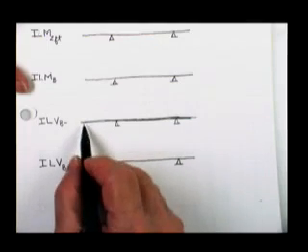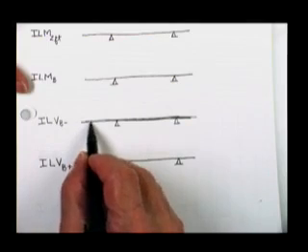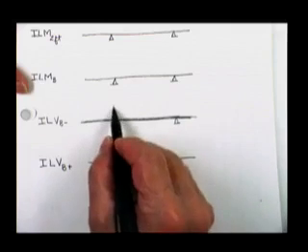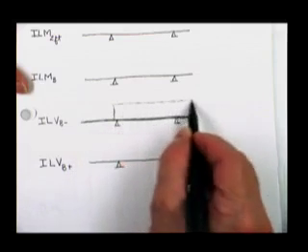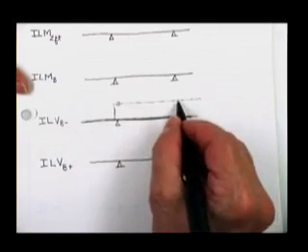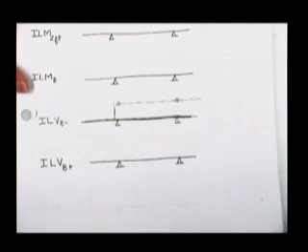Here's what I brought back. Here's the old pinhole. There's the old pinhole. That is the influence line for the shear at C.